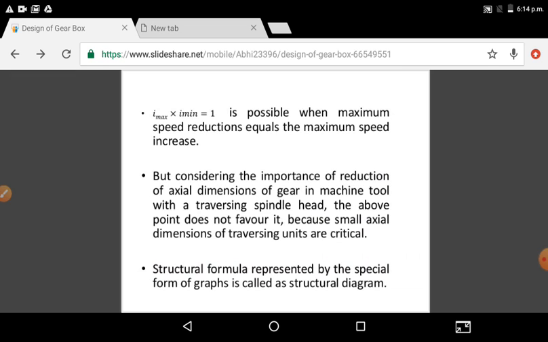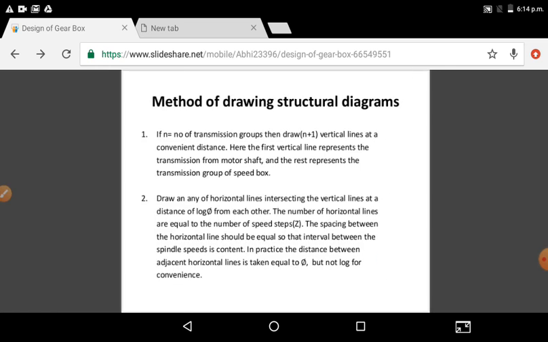But considering the importance of reducing the axial dimension of gears in a machine tool with a traversing spindle head, the above points do not favor it, because small axial dimensions of traversing units are critical. The structural formula represented by this special form of graph is called the structure diagram. Method of drawing structure diagram, right?